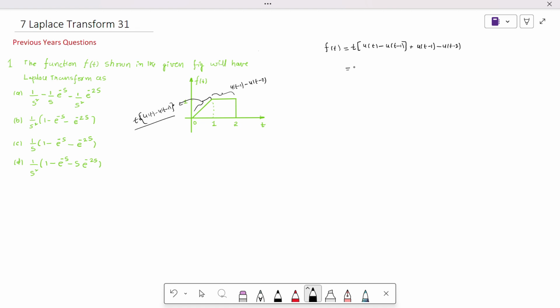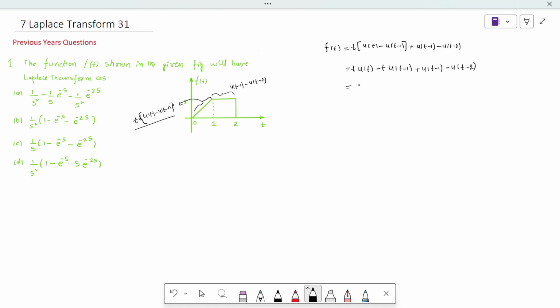So in expansion, t into u of t minus t into u of t minus 1 plus u of t minus 1 minus u of t minus 2. So this is okay. We can convert time to frequency, but here u of t minus 1 is multiplied by t.